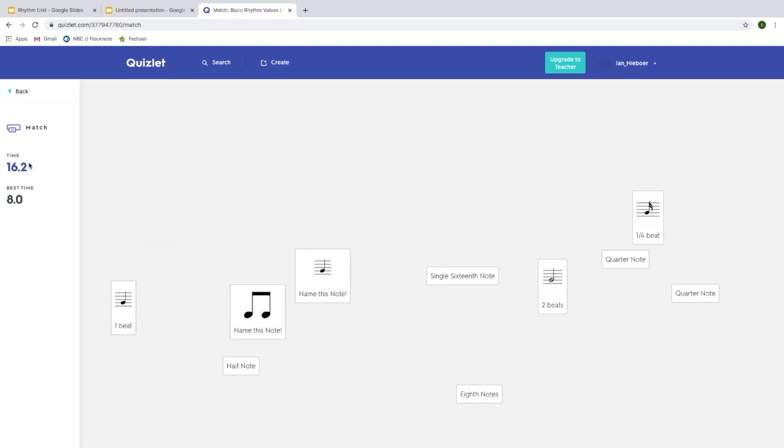Very good. And notice it's a timer, so you can share what your best time is. The best time I've ever had on this was 8 seconds, but I'm taking some extra time explaining. Single 16th note goes there. A quarter note, which one is it though? There's 2. That's not fair. Oh, good, we got it. I think it'll probably be all right.